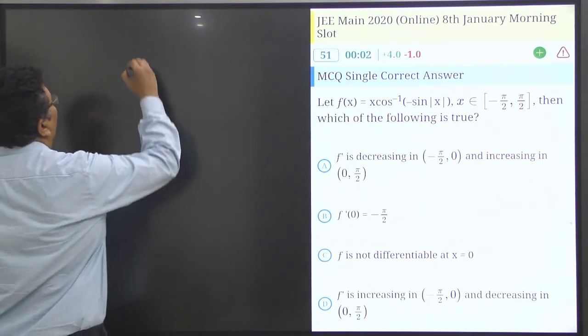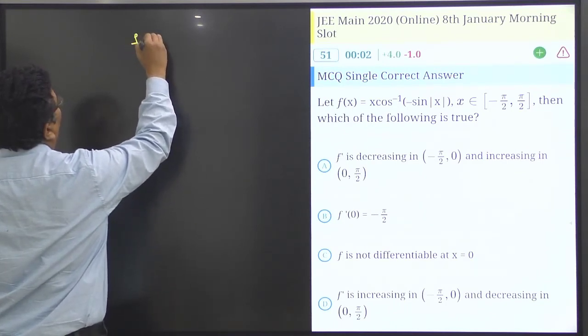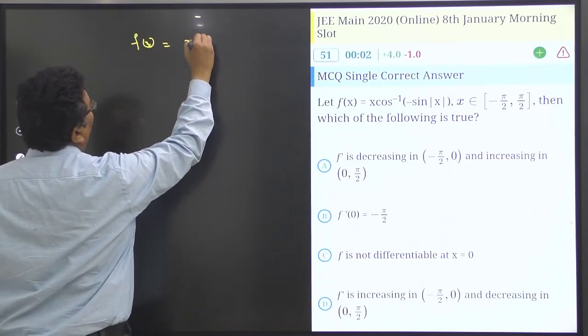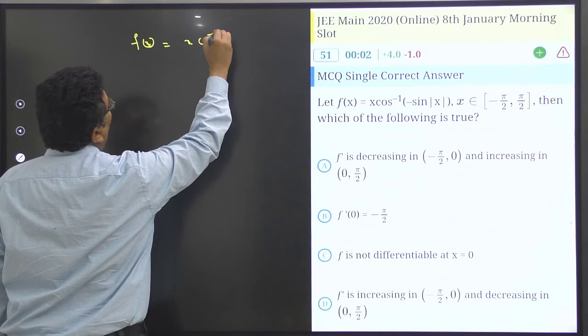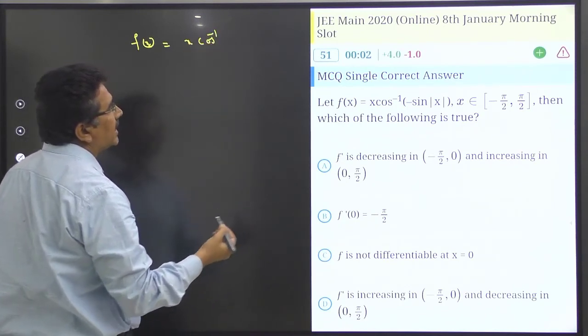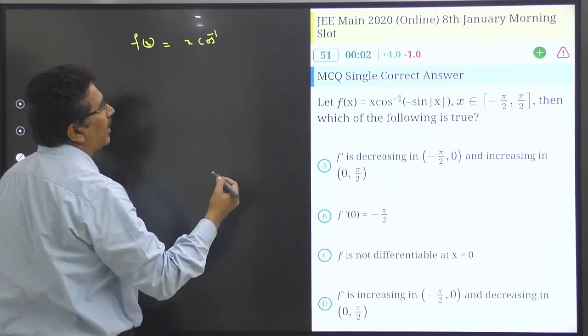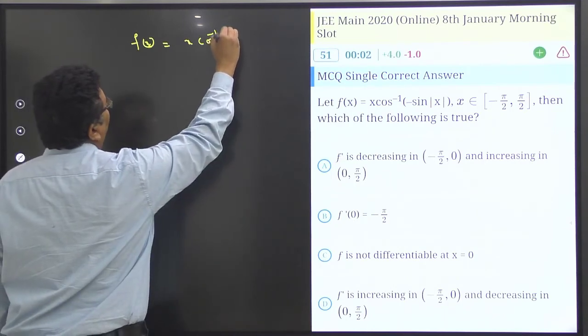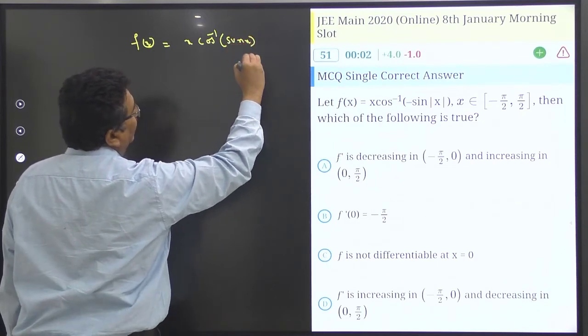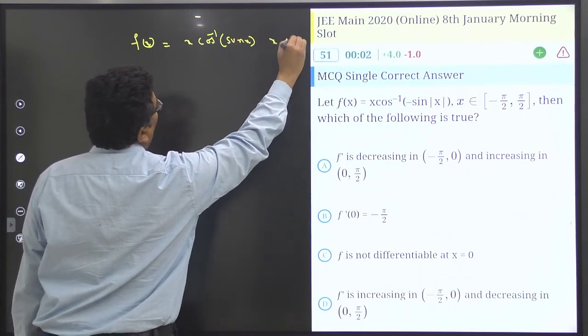Here f of x can be written piecewise: x into cos inverse of sin mod x, where mod x is equal to minus x, so minus into minus plus x into cos inverse of sin x if x less than 0.